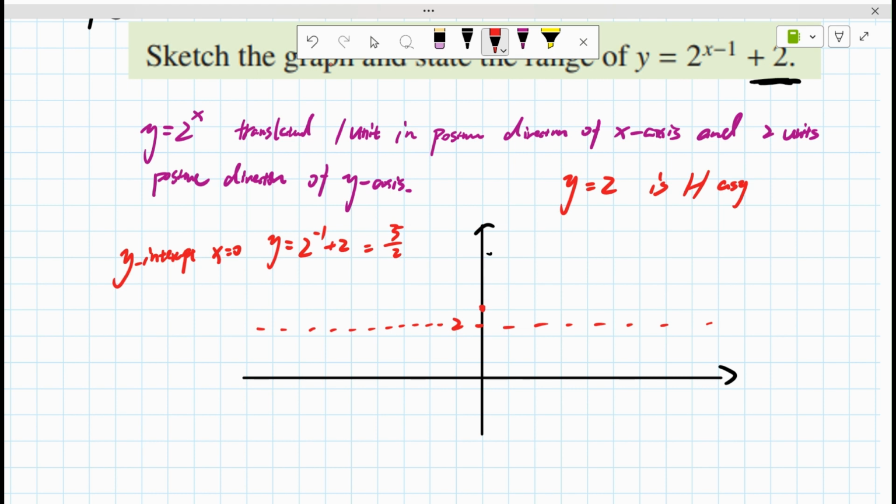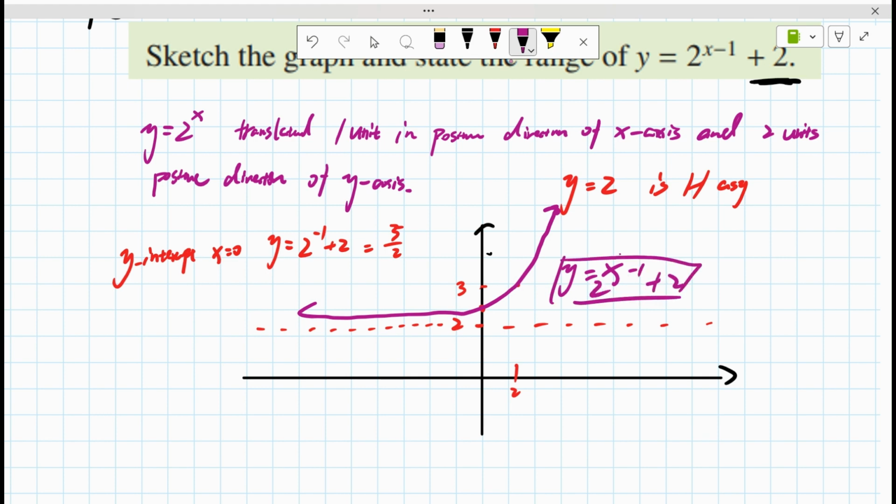And then we can find another extra point. When x equals 3, y equals 3. Sorry, I said x equals 1, it's x equals 3. And then we draw the curve, and that's y equals 2 to the power x minus 1, plus 2.